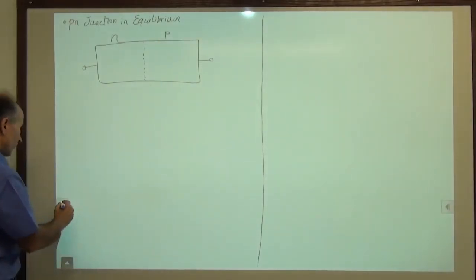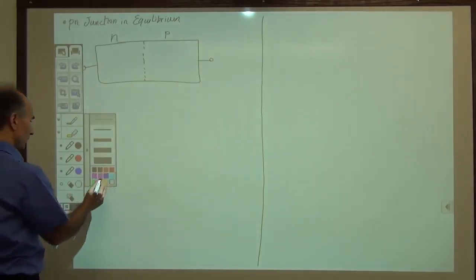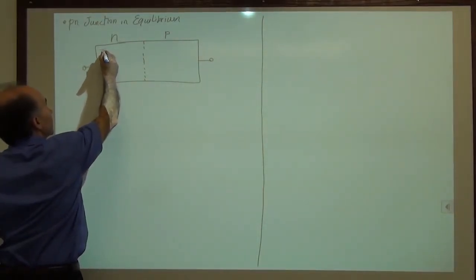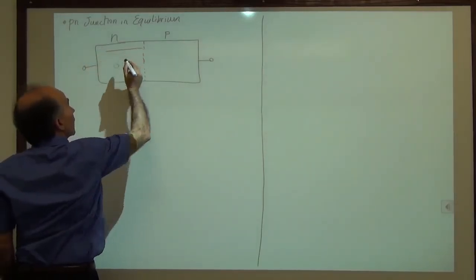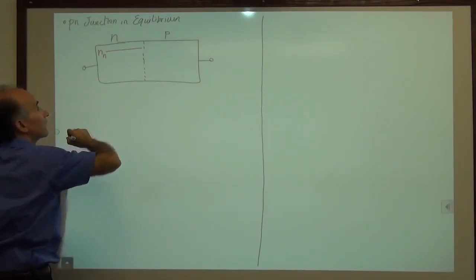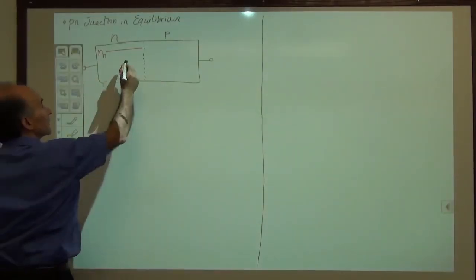Okay, so I need to draw those concentrations again so that we remember where we are. So we have a high concentration of electrons, N sub N. Okay, let me do this more carefully.